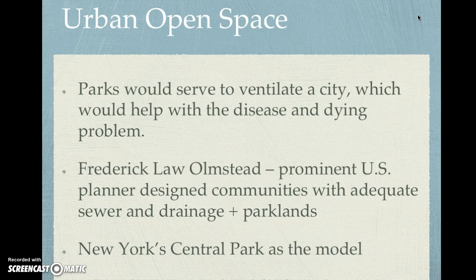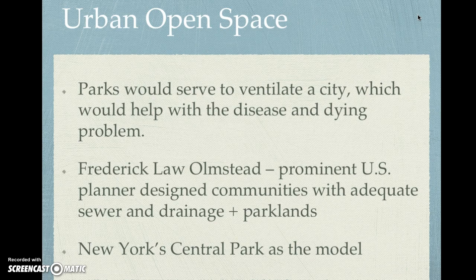In these 19th century cities, we knew that people were getting sick, we knew that people were dying, but we didn't know all the things that we know now about diseases and how they're spread and where they come from. But it seemed logical to them at the time that if we have better air, ventilation on a city scale, this is going to help with our disease and dying problem.